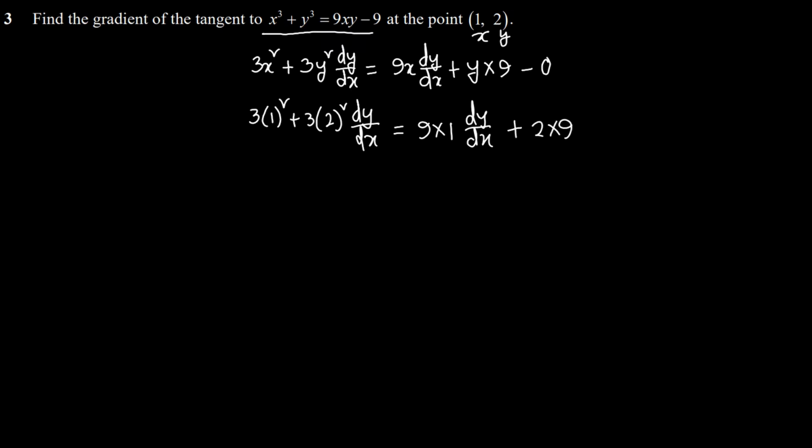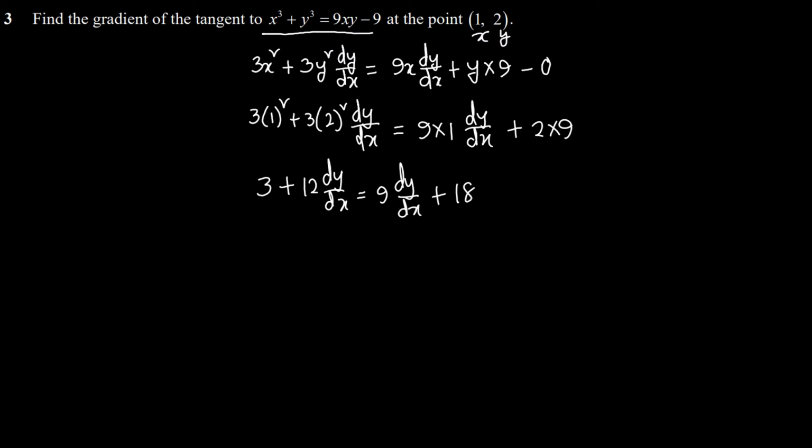So from here we got 3 plus 3 fours is 12 dy by dx equals 9 dy by dx plus 9 twos are 18.